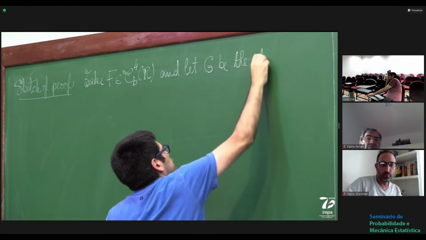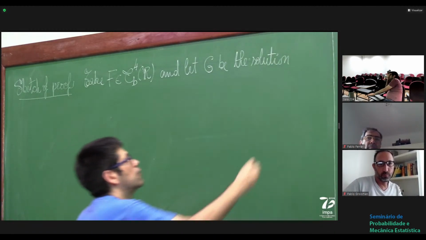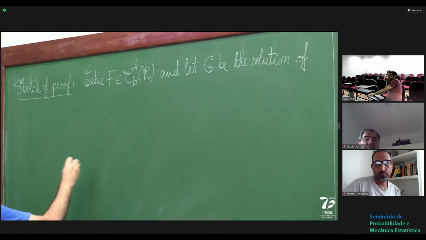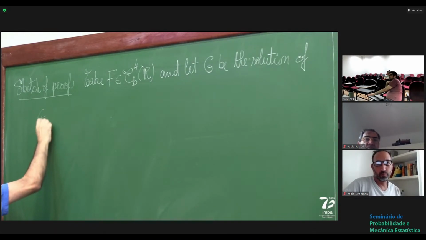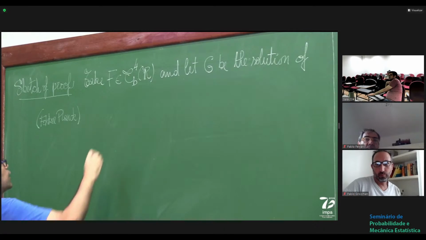And what we are going to do is construct a function g, which is a solution of the following equation that I'm going to call Fokker-Planck, which is just the heat equation backwards in time.